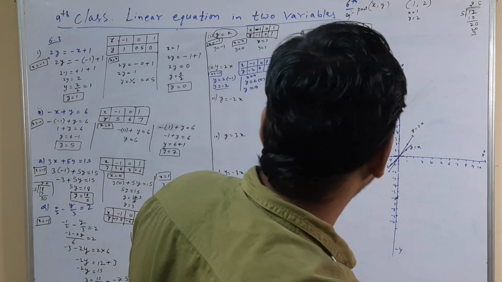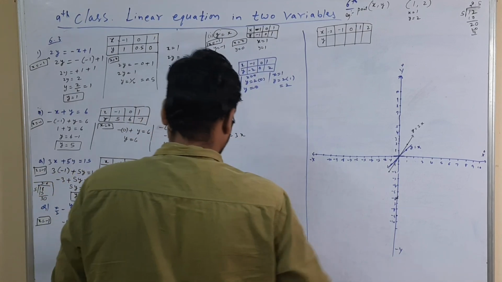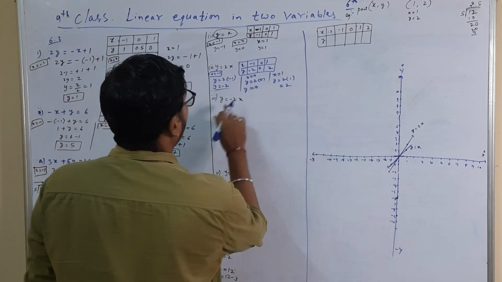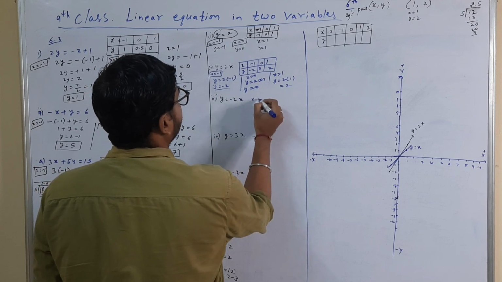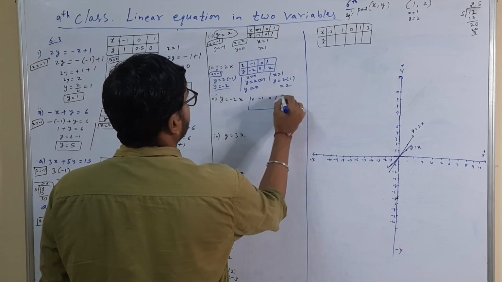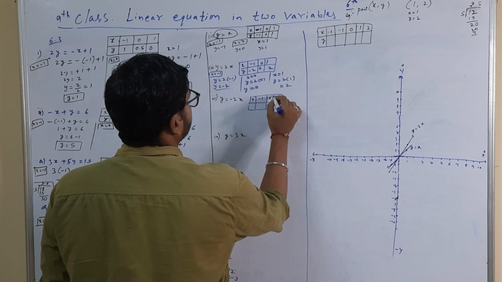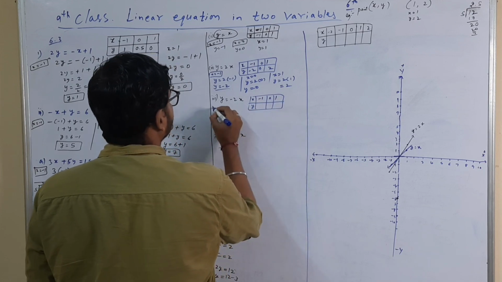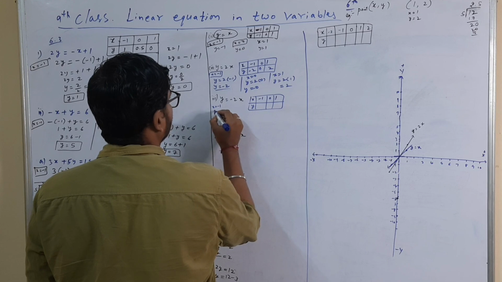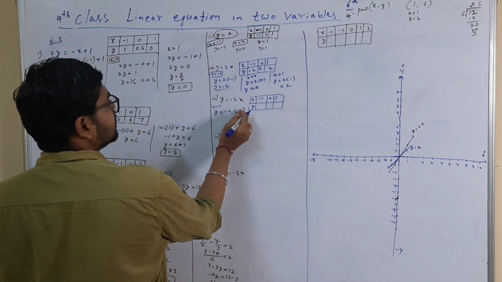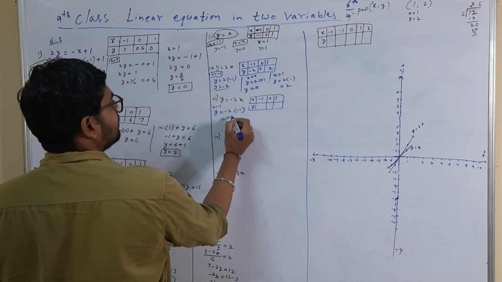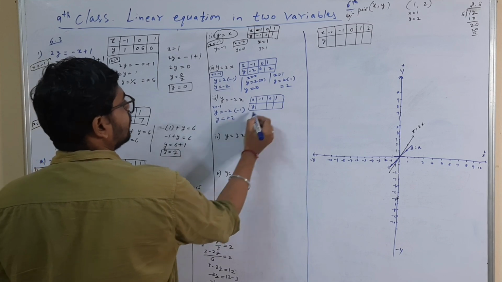Now we are going to find this one. Now what we get, see, y is equal to -2x, same thing, the x values we have to take are -1, 0, 1. For y values, x equal to -1, you substitute here, y is equal to -2 into -1, so this is +2, y is equal to 2.